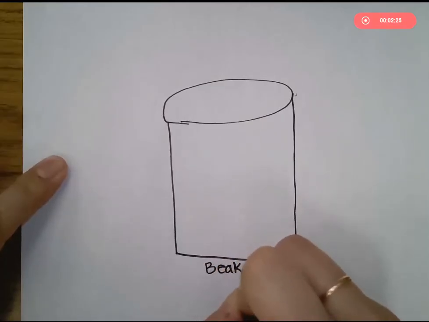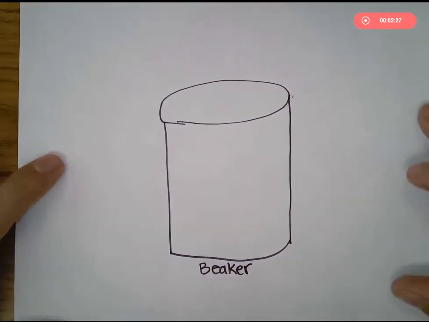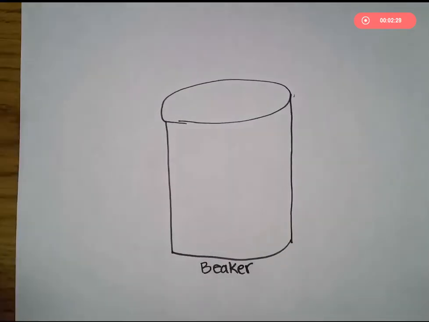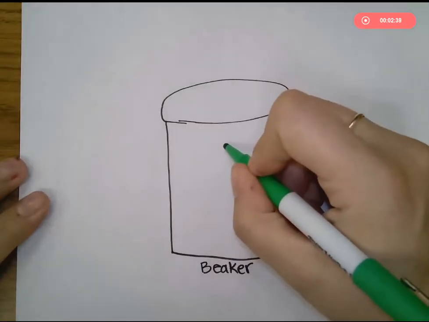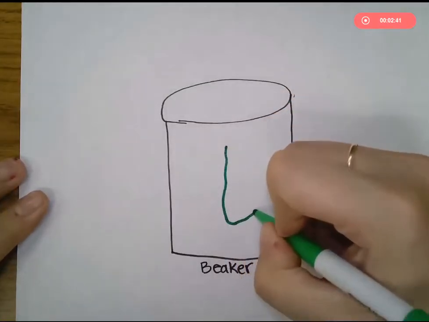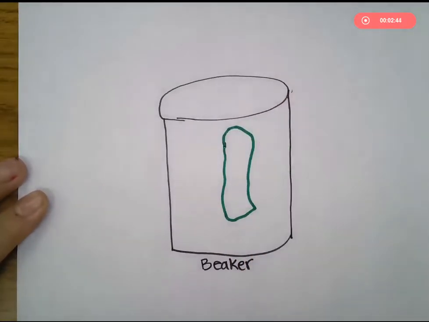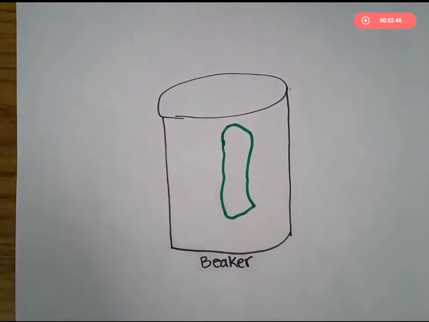And let's label that beaker. All right, so we have our beaker. And we're obviously going to have our plastic baggie. So that is our plastic bag. And let's label that.